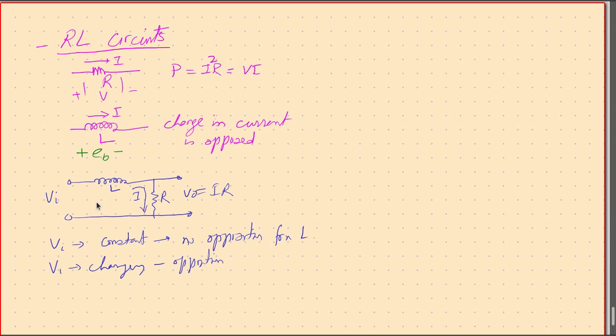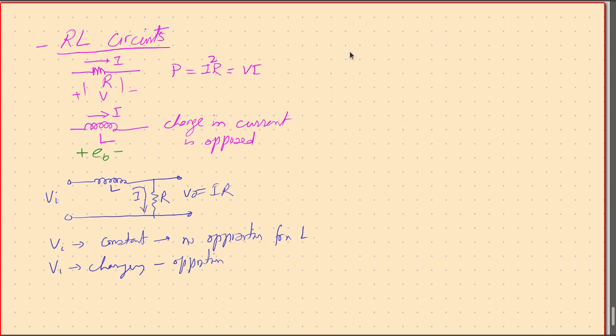As long as the input is not changing, yes, we get a DC current, or as long as the input is changing slowly, then opposition is low, therefore it allows the current to flow, and this current while flowing through the resistor will create a voltage proportional to the current, and hence we get an output voltage.